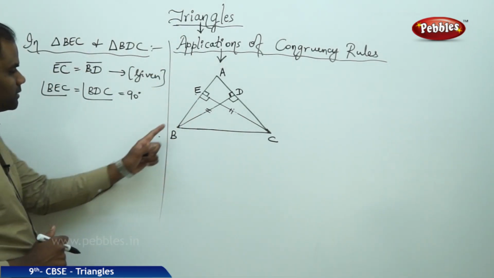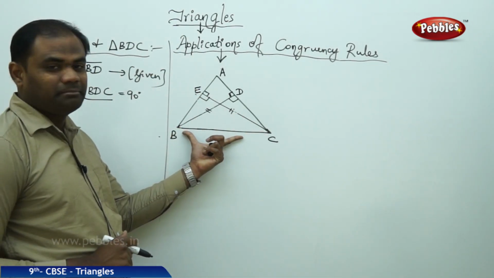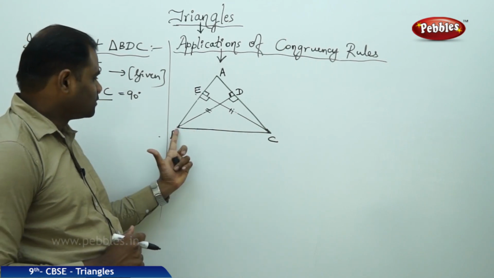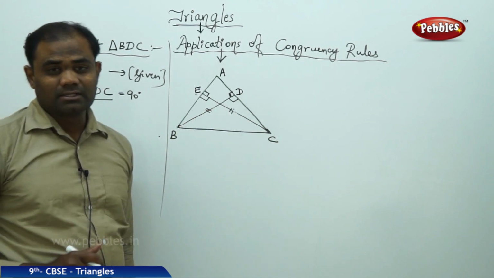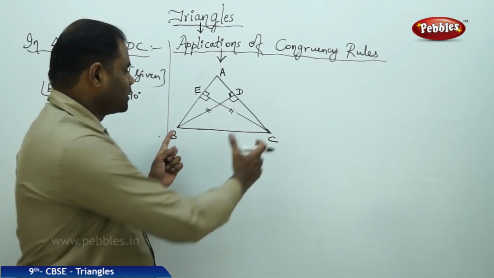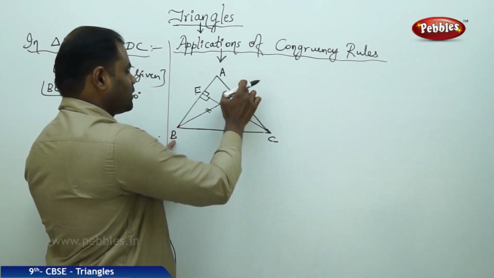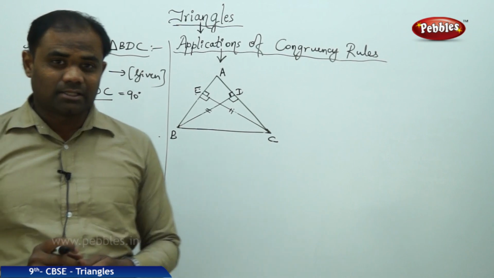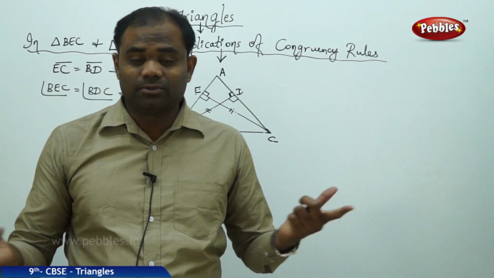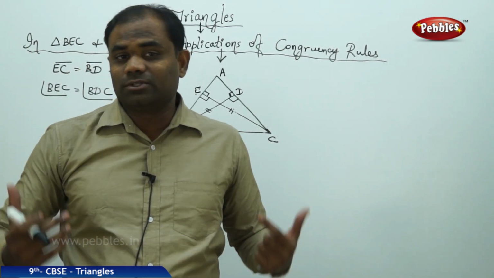Similarly, in triangle BEC, my side BC is the same side for triangle BDC. That is, the side BC is the common side for triangle BEC and triangle BDC, and hence obviously they must be equal to each other, equal to itself.